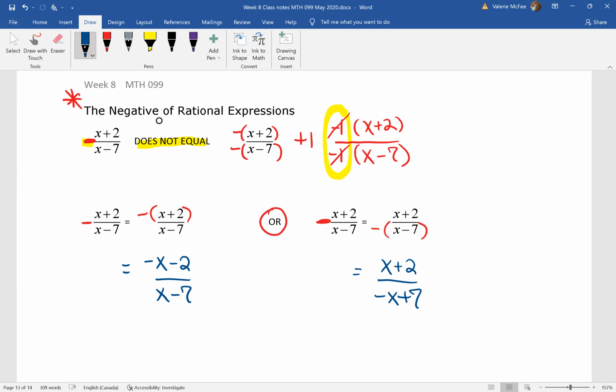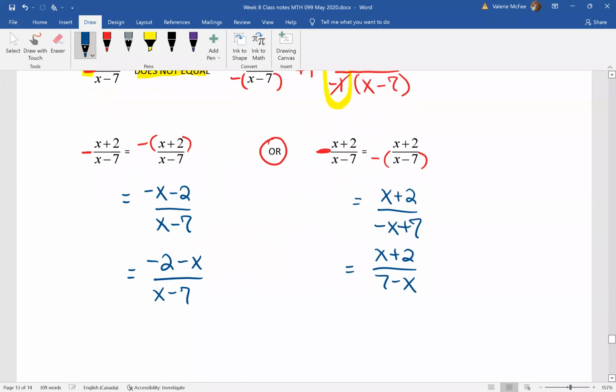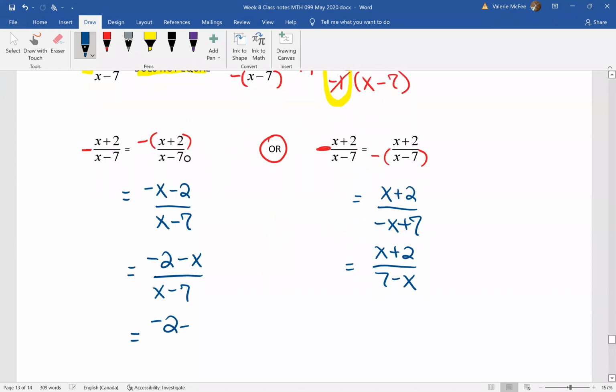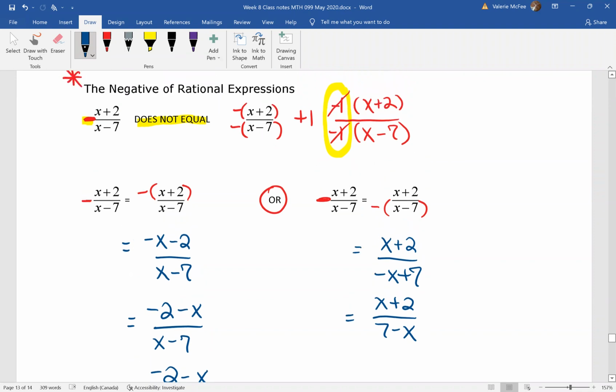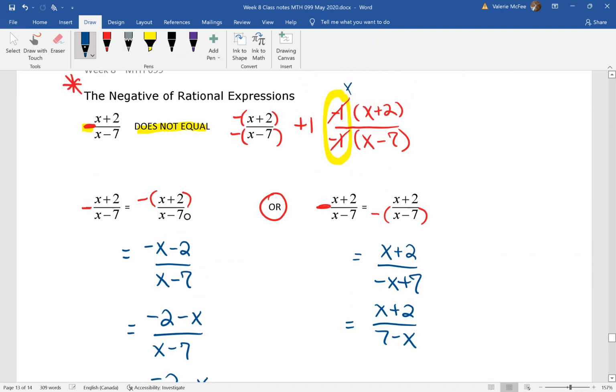And in fact, especially in this one with that negative x, I could write this as 7 minus x in the denominator. But I could do that here as well. I could change the order of the negative 2 and the negative x. I could change the order of the negative 7 and the positive x. There are lots of different ways you can write the negative of a rational expression, but the one that you cannot do is the negative of both the numerator and the denominator.